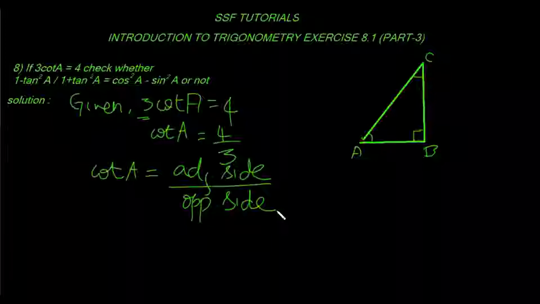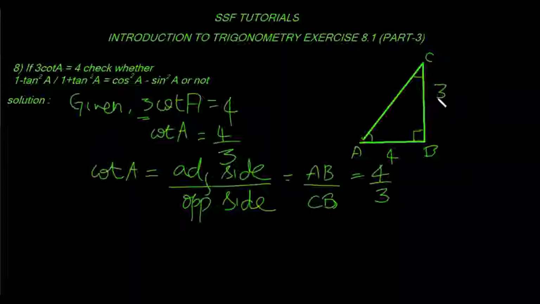The angle is found with respect to A. From A, the adjacent side is going to be AB and the opposite side is going to be CB. So we know cot A is equal to 4 divided by 3, so AB is going to be 4 and CB is going to be 3. Now let's enter the values in our diagram: AB is 4 and CB is 3.